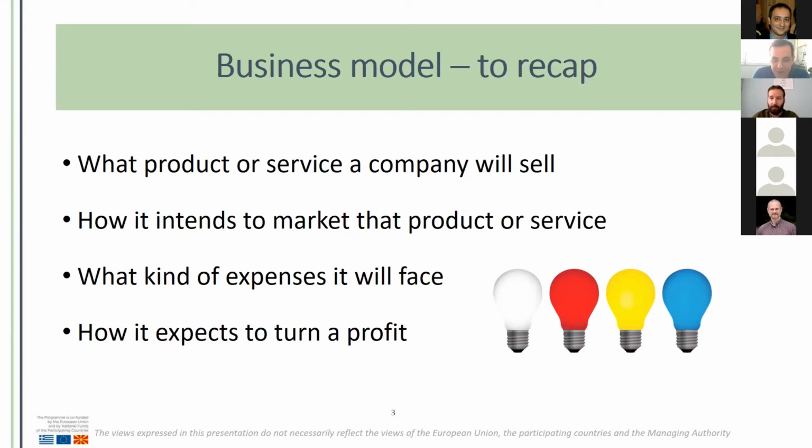So that's really interesting because the basic idea of business is to make profit. So you don't do business in order to become a boss. You don't do business in order to, I don't know, free the world or feel free. You do business to turn profit. That's the ultimate goal of any business.